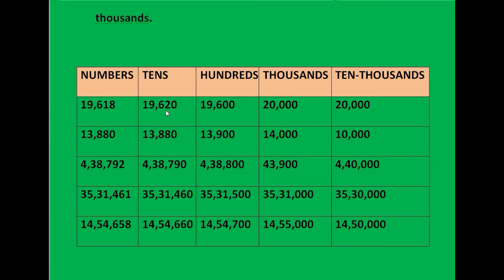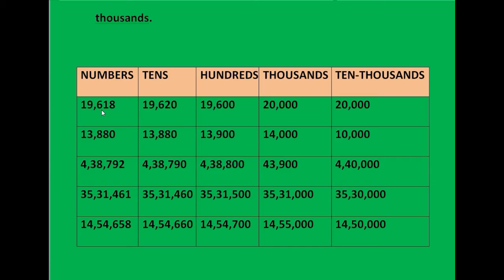According to rule number 3, 8 becomes 0, because to the right of the tens place there is 1 digit and we change it into 0. So it is rounded off to the tens as 19,620.